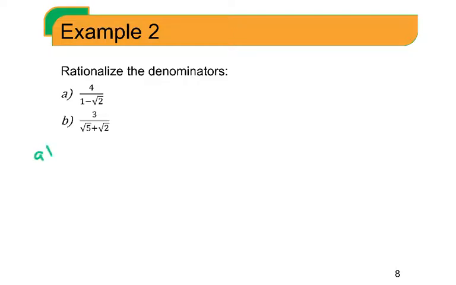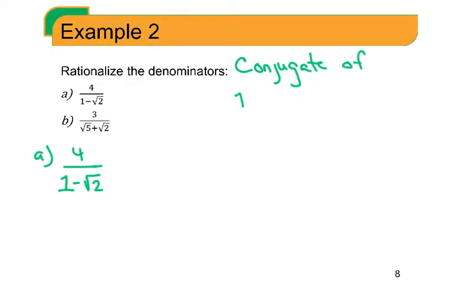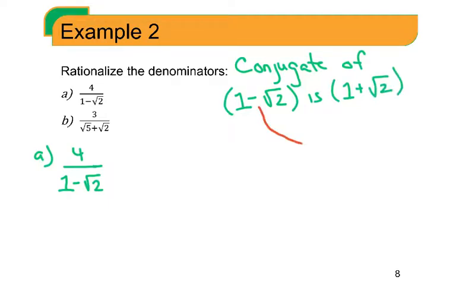So for A, I have 4 over 1 minus the square root of 2. So here's the trick. The conjugate of 1 minus the square root of 2, this term, is 1 plus the square root of 2. The only thing we change is the sign in between the two terms.